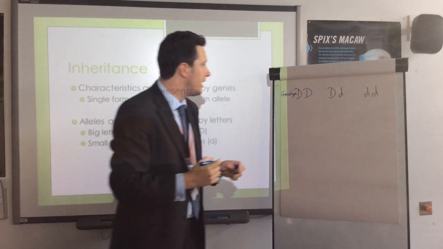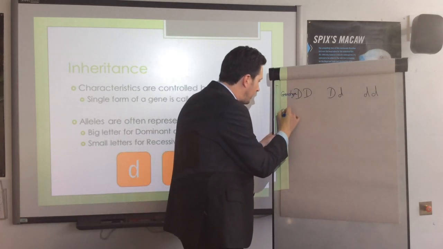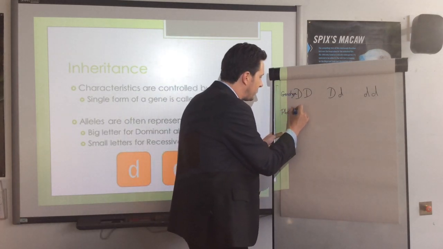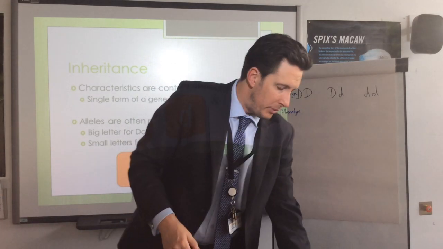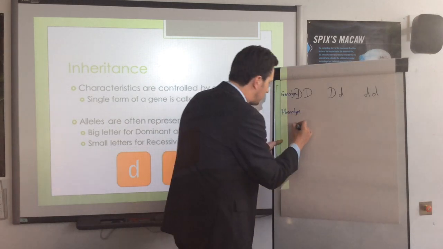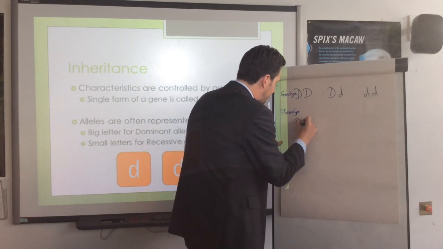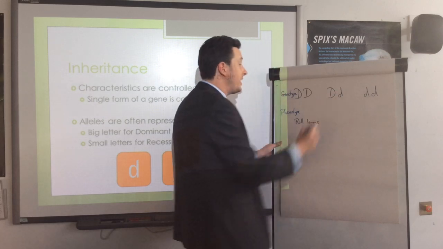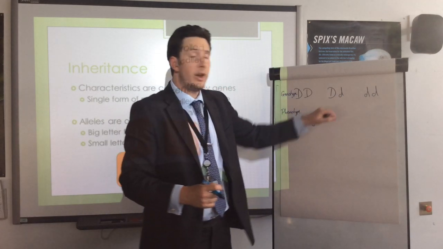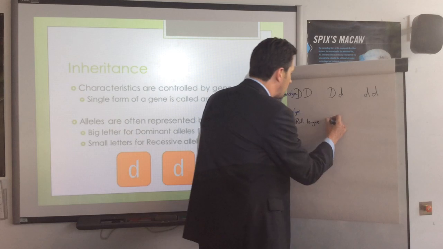This is the genotype that people have. And the phenotype is what physical characteristics they have. So this person, as I said, because it's dominant, can roll their tongue. Okay, this person, because they have one of the dominant alleles, can also roll their tongue.